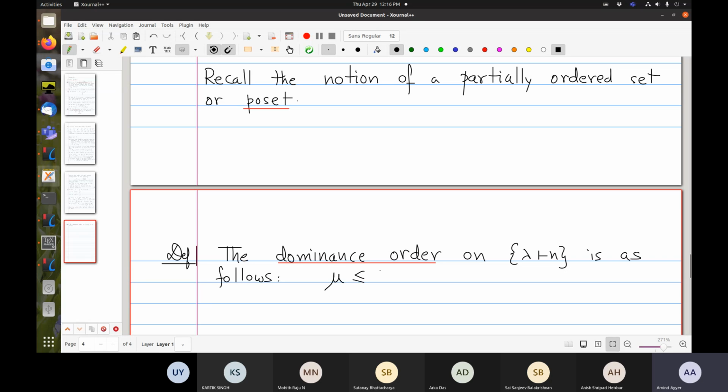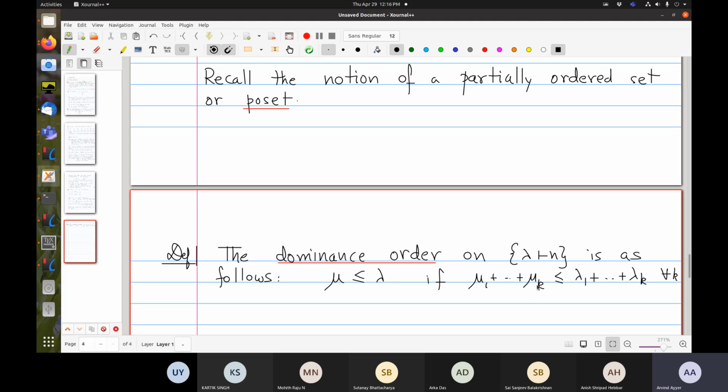Mu is less than or equal to lambda if mu_1 plus up to mu_k is less than or equal to lambda_1 plus up to lambda_k for all k. Here you pad them with zeros and then you compare the inequalities as regular integers.